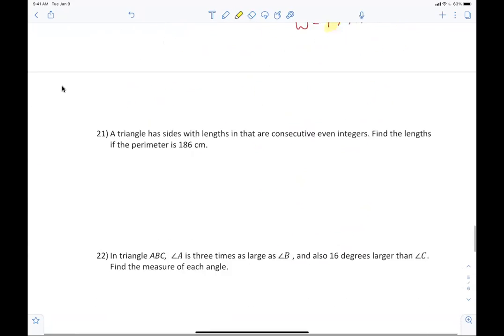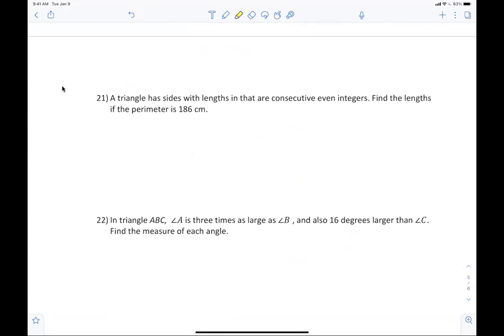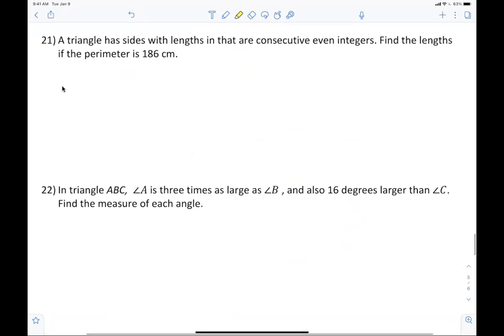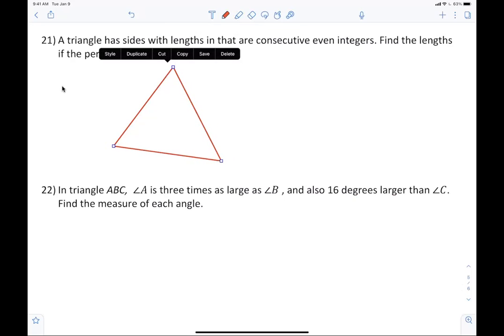Here we go. Let's check out 21. So I need everybody to draw themselves a triangle. The triangle has sides with lengths that are consecutive even integers. Evan, so what are the lengths of the sides?